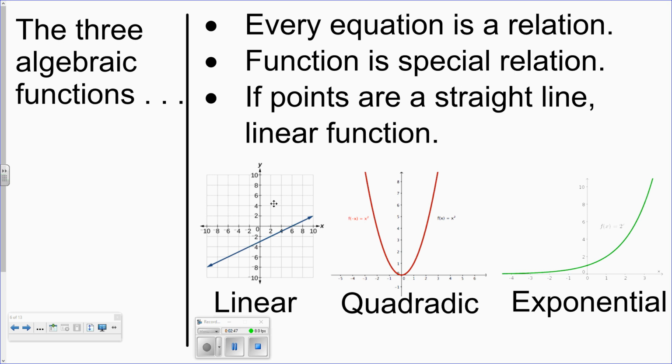Our main focus for this first part of this unit is going to be specifically on linear, which is when the points form a straight line. But we can't forget about quadratic, which gives us a parabola, this U shape, and we also can't forget about exponential. There are many more functions in the math world, but we're focusing on these 3.